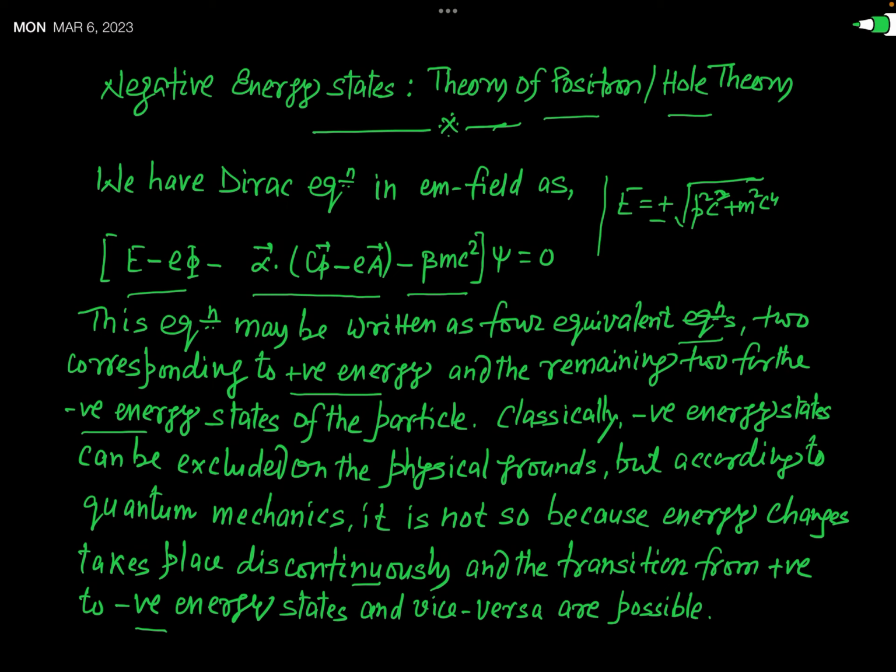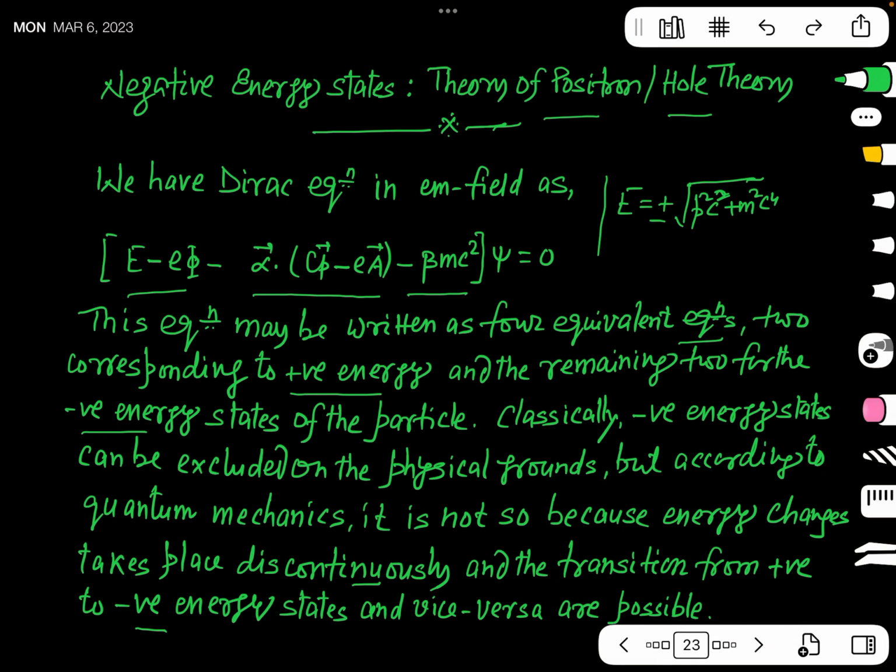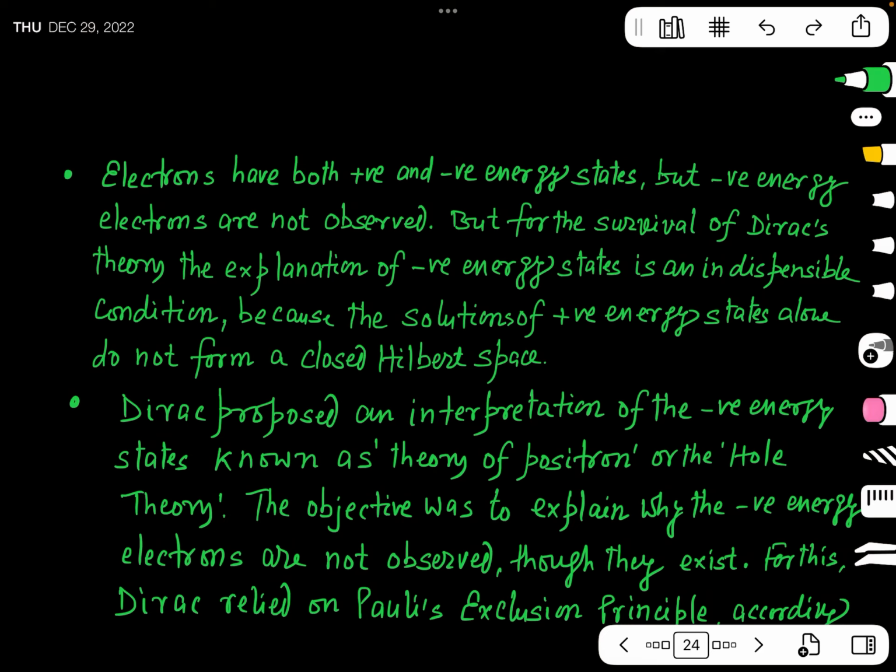So, to deal with this problem, Dirac proposed the interpretation of the negative energy states known as the theory of positron or the hole theory. This was proposed by Dirac on the basis of two postulates.